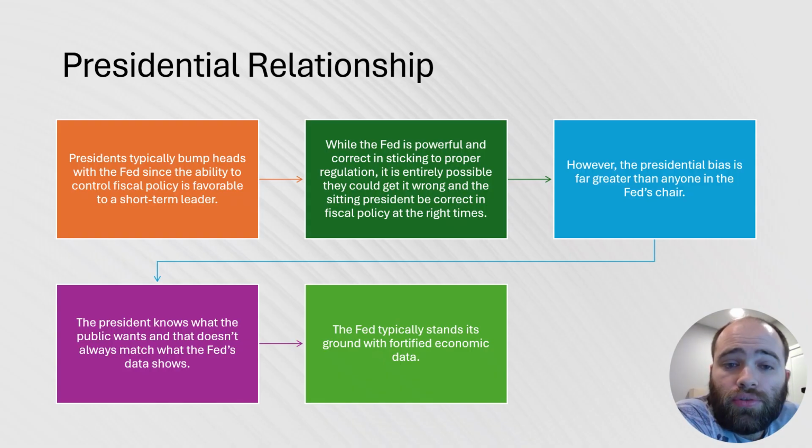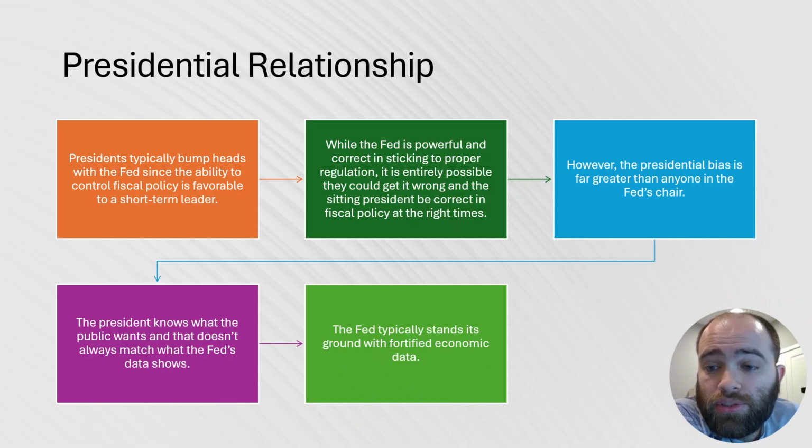The presidential relationship to the Fed is that the president and the Fed typically bump heads a little bit. The Fed is powerful, and it is correct in sticking to its data. But sometimes it could be true that the president might be right in terms of certain financial policies, given the political climate that the Fed might not necessarily take advantage of in consideration.